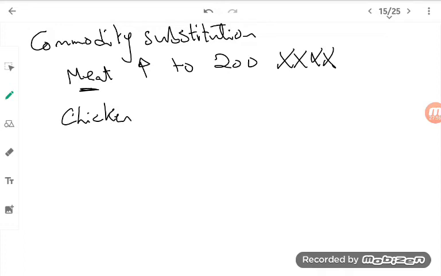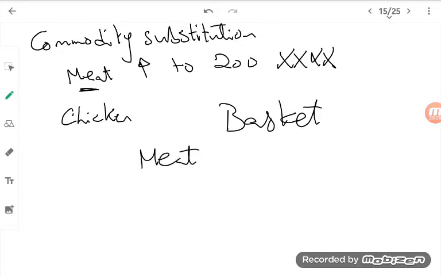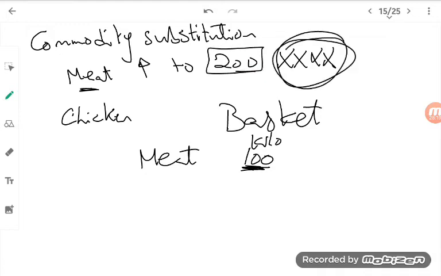But what is going to be included in the calculation of the basket is meat with a quantity of, say, 100 kilos per year. So this 100 will be multiplied by 200. But nowadays you are not going to buy the product, although it's going to be calculated in the CPI basket.